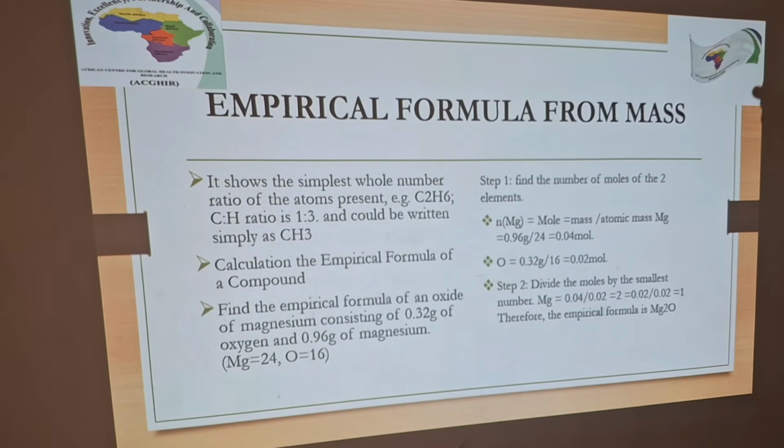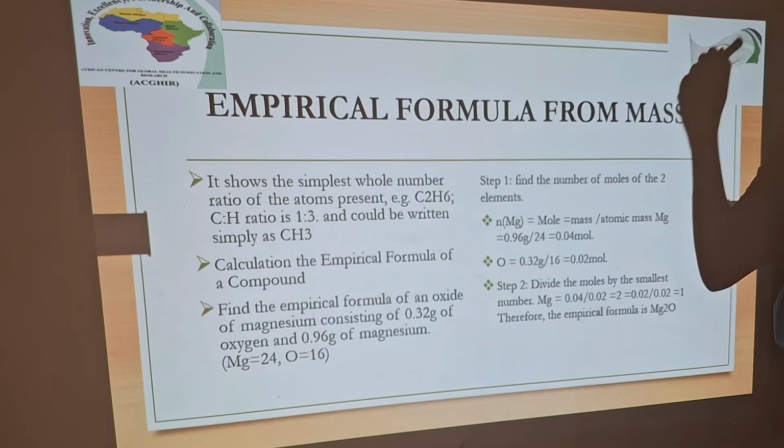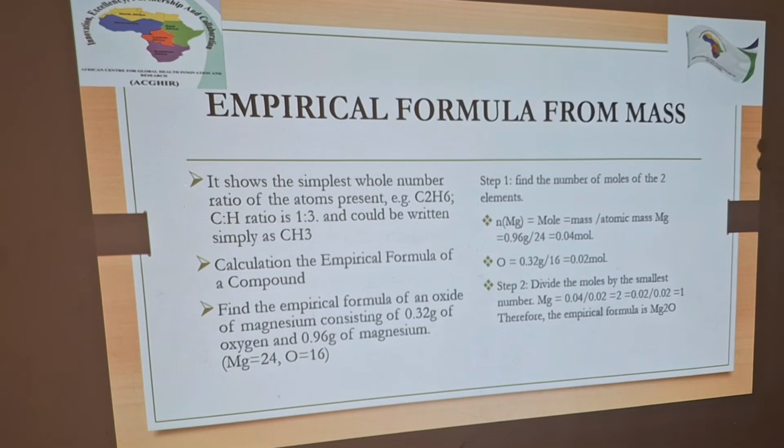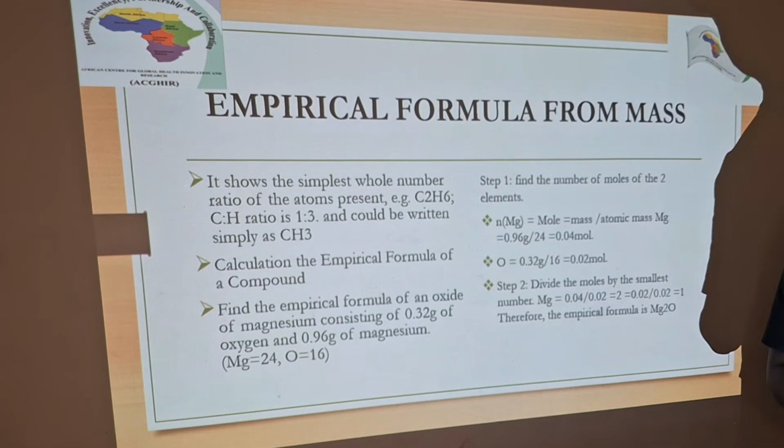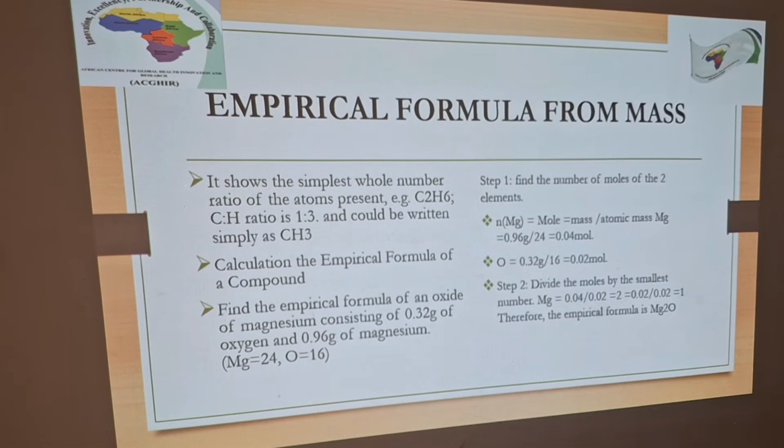So for you to be able to calculate the empirical formula, you need first to identify the atomic masses. We know that the atomic mass of magnesium is 24. The atomic mass of oxygen is 16. So for us now to find the empirical formula, we first have to find the number of moles of the two elements, right?